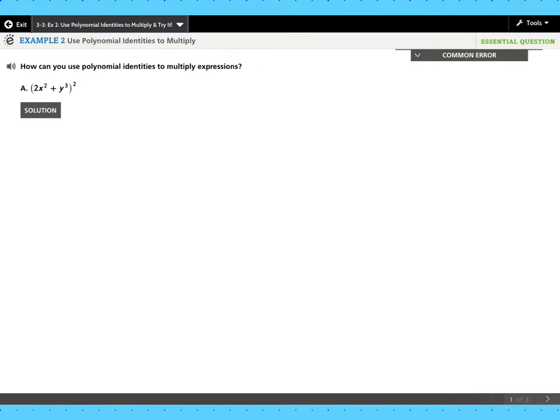This one is a binomial, so the entire sum is being raised to the second power. So what we're thinking of using is this one: a squared plus 2ab plus b squared. In this case, your a is your 2x squared and your b is your y cubed.